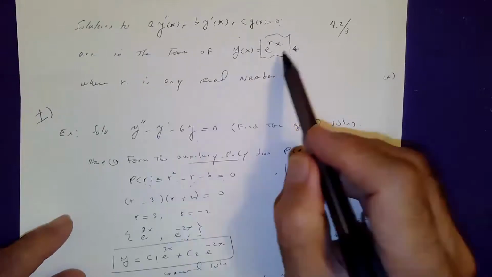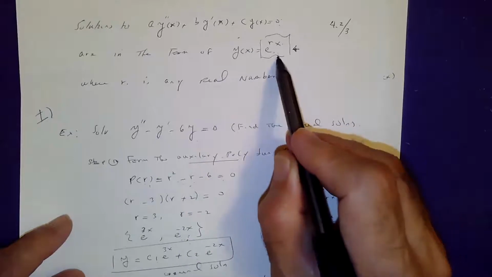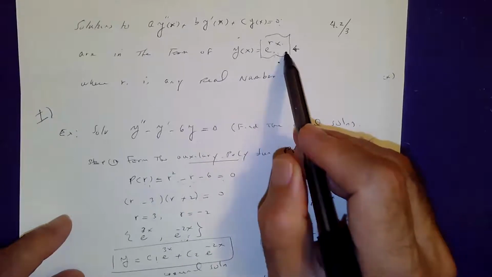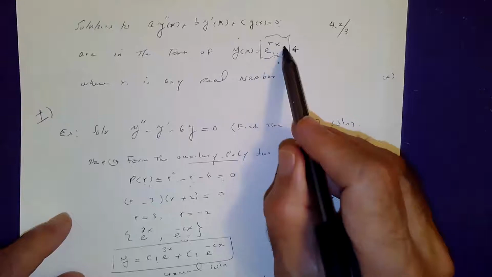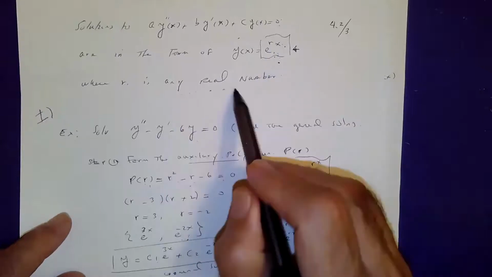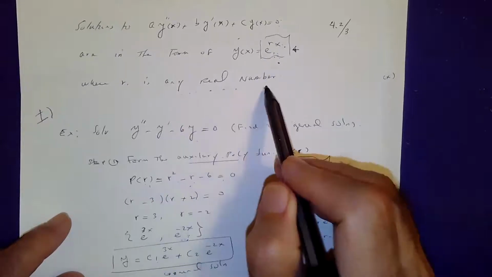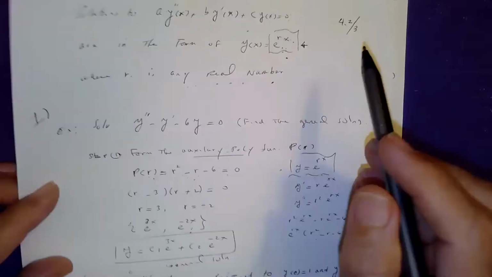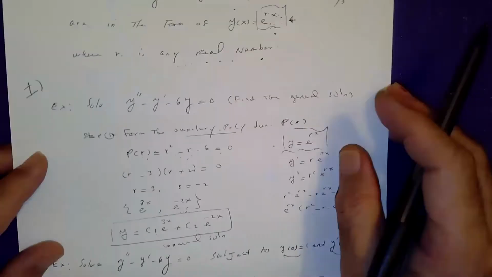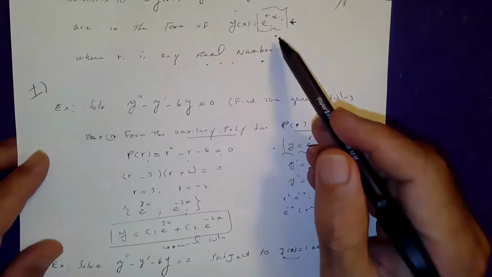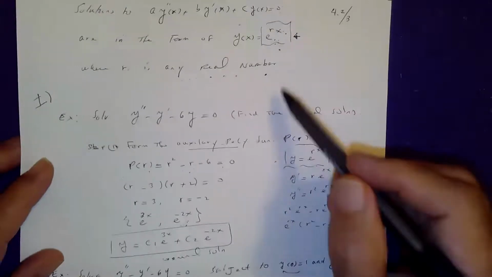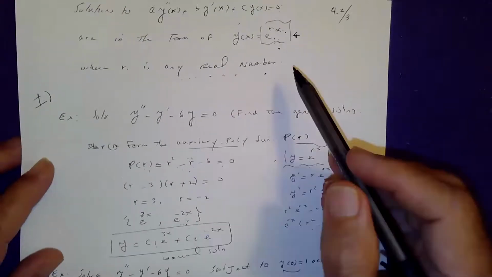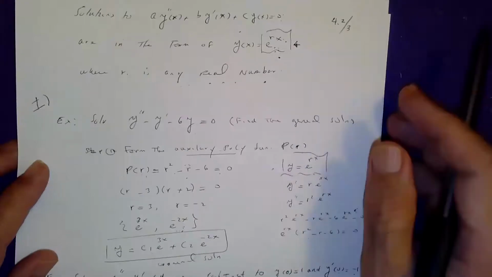The solutions, rain or shine, are going to look like this. It's going to be an exponential function, e to the power of rx, where r is any real number. Okay? So last time I did a couple of examples, and luckily the roots of this so-called auxiliary polynomial came up to be distinct real.